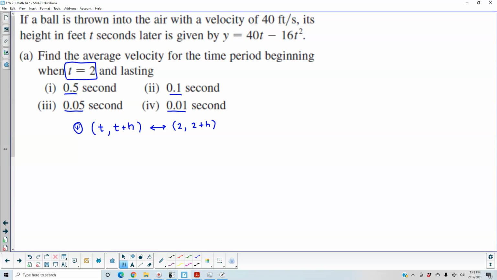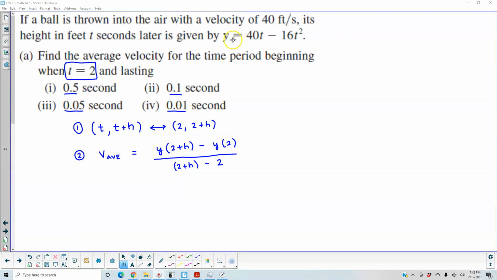Now that we know what the ordered pair is, we want to find the average velocity. The average velocity is y of 2 plus h minus y of 2, divided by 2 plus h minus 2.